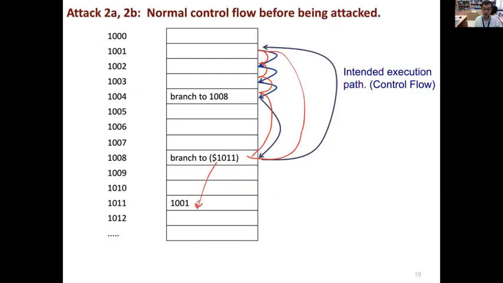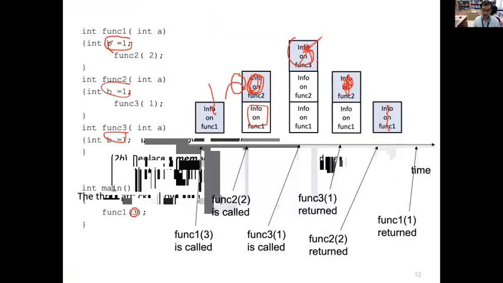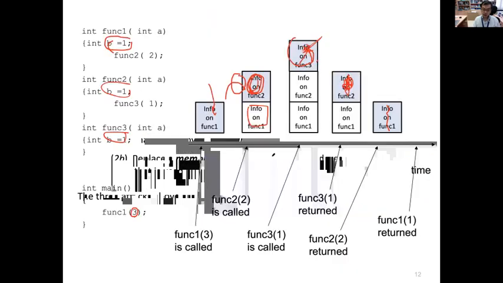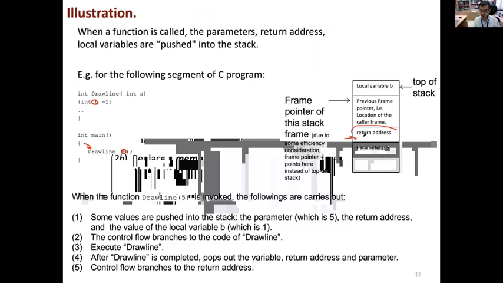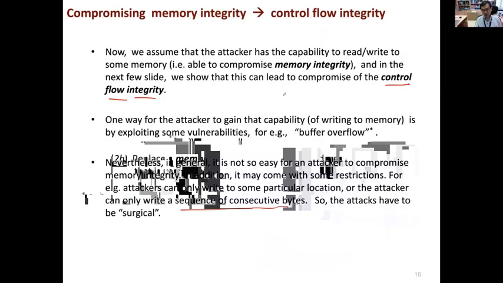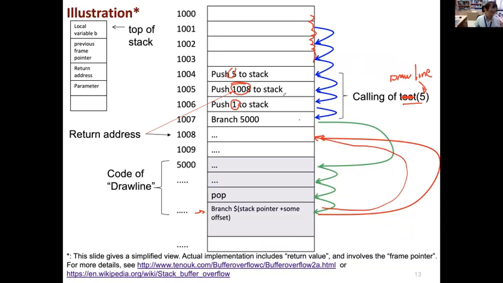Remember that when we keep the call stack, there is one piece of information which is particularly important, which is the return address. If the attacker is able to modify this return address, then when the function ends during the execution, you go to a location chosen by the attacker rather than the original intended location.